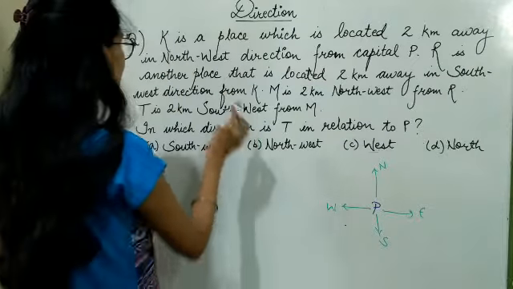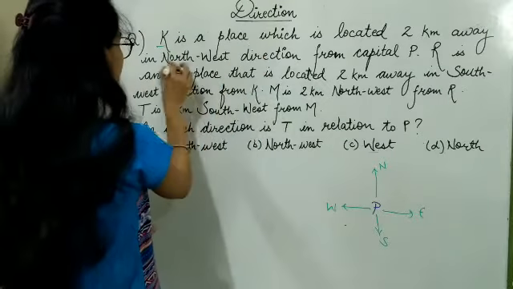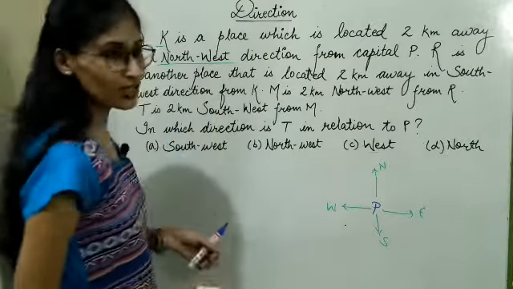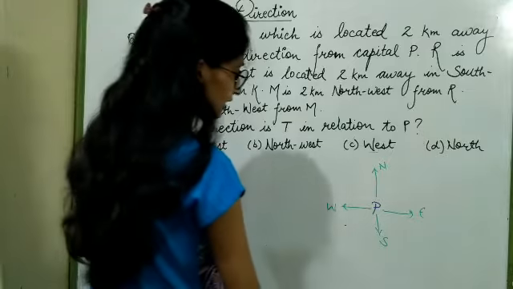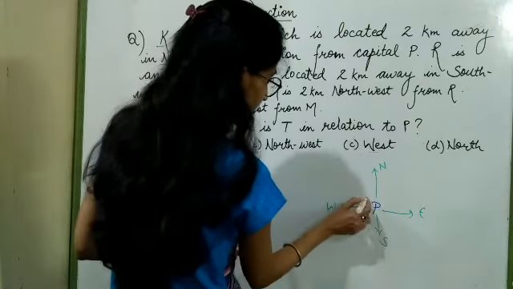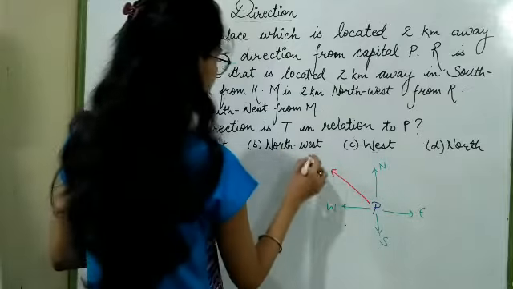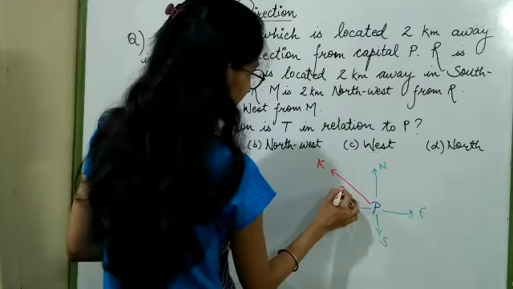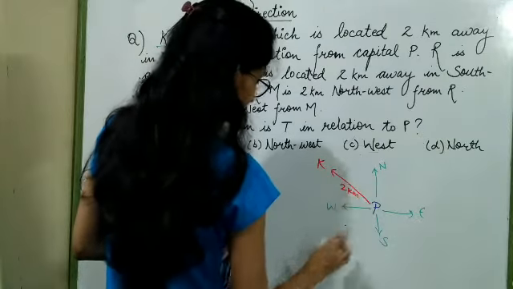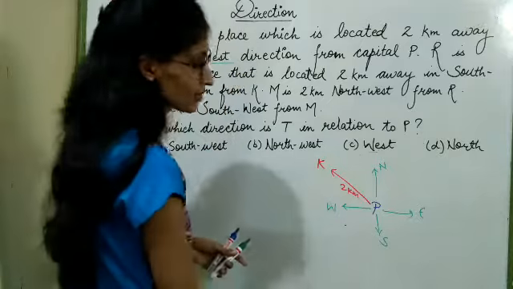In the question, K is in northwest direction from P. So northwest direction will be this. So this is the position of K and this is 2 kilometers distance.